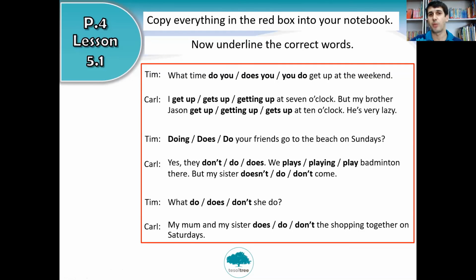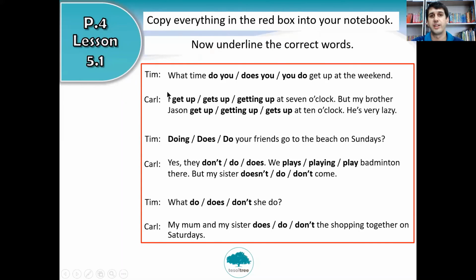When you finish copying, I want you to read the dialogue and underline the correct words. Example, this first one: what time do you, does you, you do get up at the weekend?